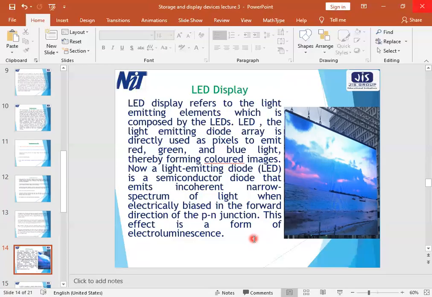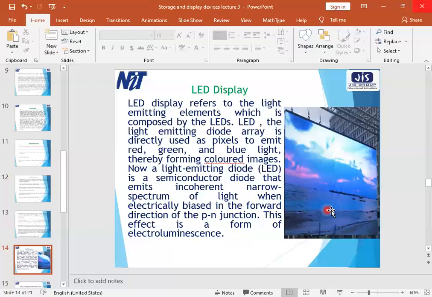Now, one thing is very important: a semiconductor diode emits an incoherent narrow spectrum of light when electrically biased in the forward direction of the PN junction. If it gives the energy in the form of light, then this is called electroluminescence.